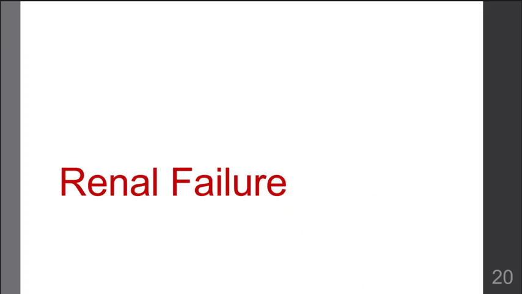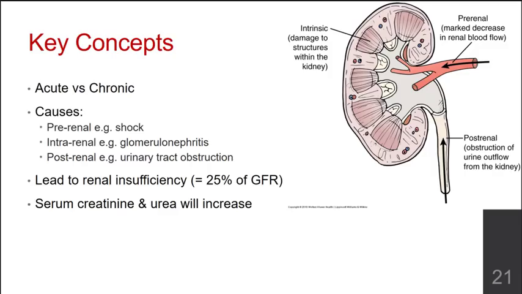Now we'll move on to our final topic, which is renal failure. There are two major types of renal failure. We have acute and chronic, so really it's a matter of time. In terms of causes, something could go wrong with the kidney itself, and that's referred to as intrarenal. A common cause here within the kidney is glomerulonephritis, as already discussed.